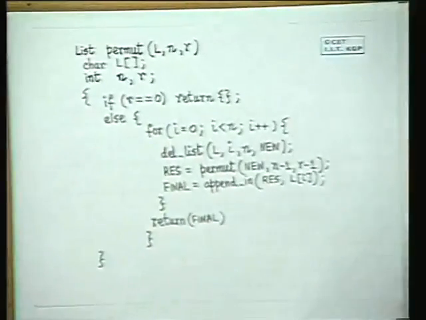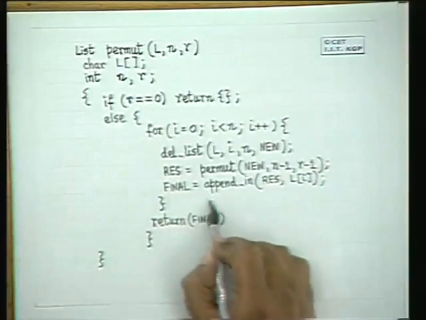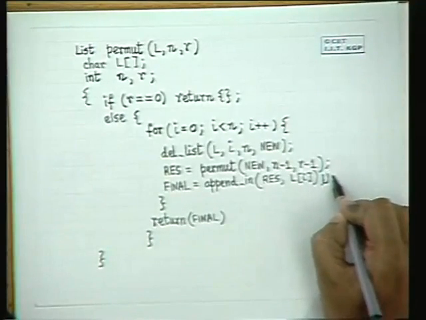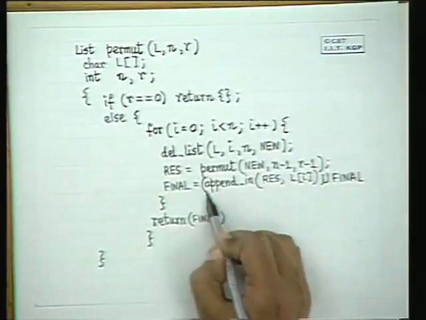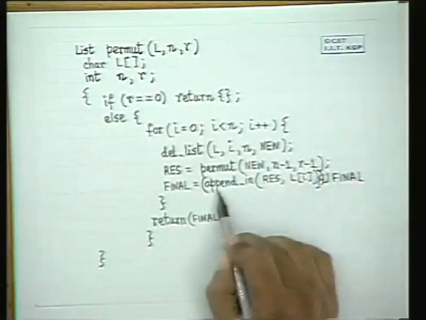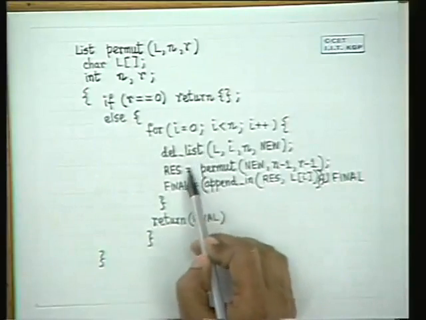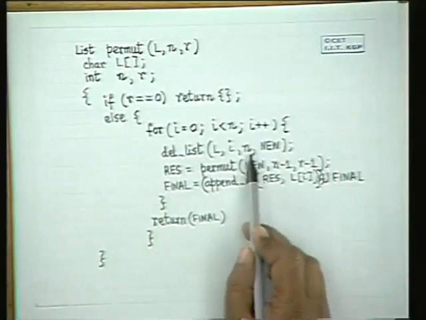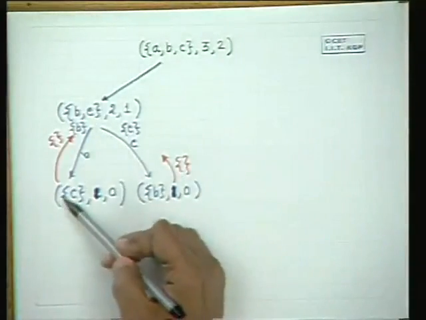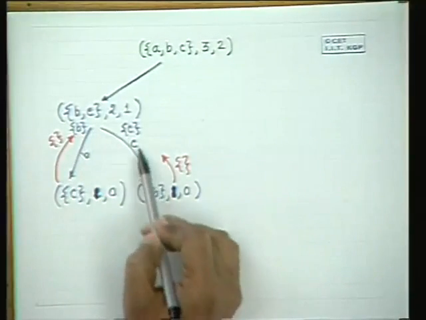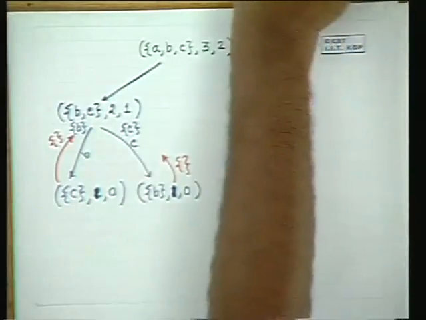And here it is not actually return of final. Whatever you get here, you will append it to final in the loop, because from the left side you get something, B, and from the right side you recompose and get C, you will have to make a union of the two.